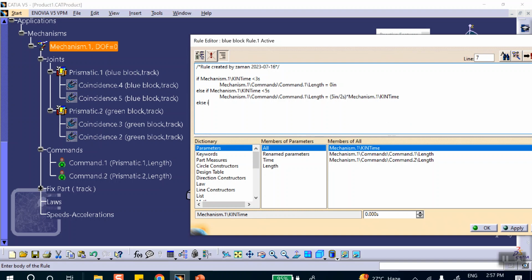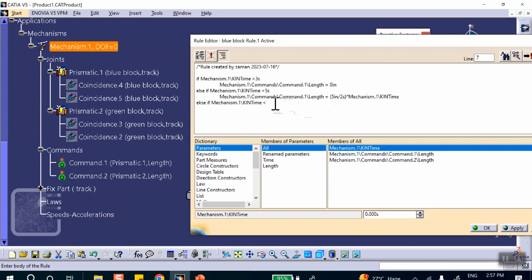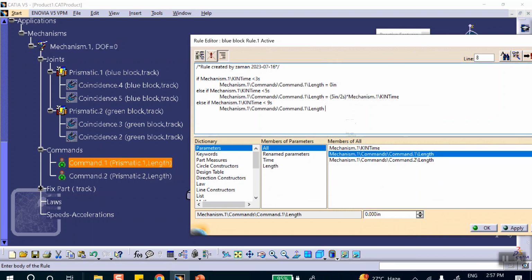Else if, okay, again, time is less than, now we go back here, the time is less than 9 seconds, right? 9 seconds, enter, command 1 equal to, now let's go back here.